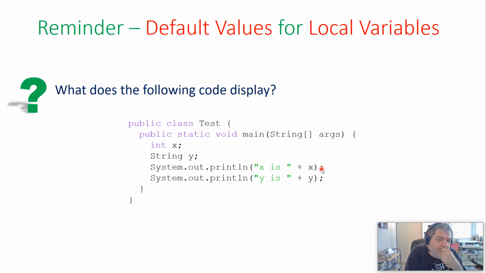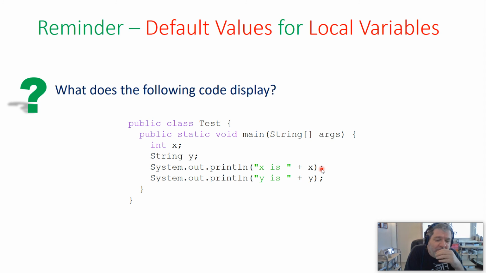So 0 and null are exactly the answers that I would have expected if these were attributes. And that's what I wanted to show you. I wanted to mislead you so that you hit a wall on your way, and hopefully you're always going to remember what you just went through.